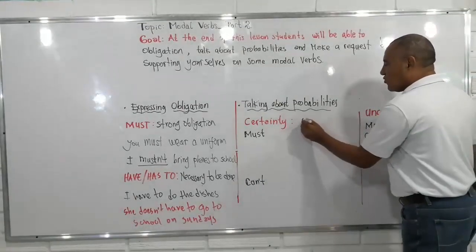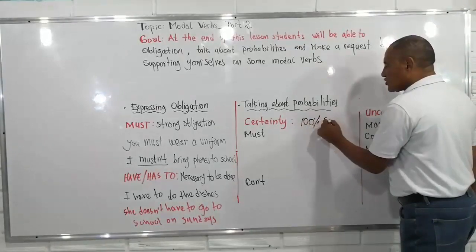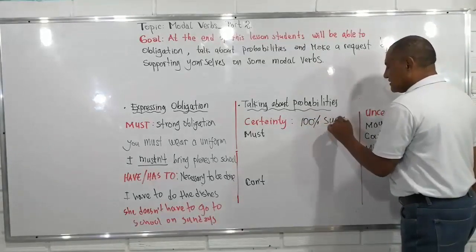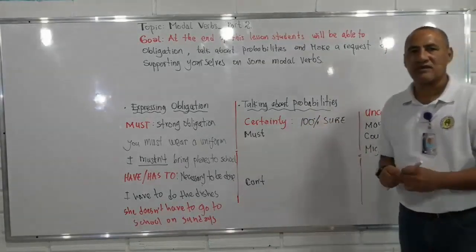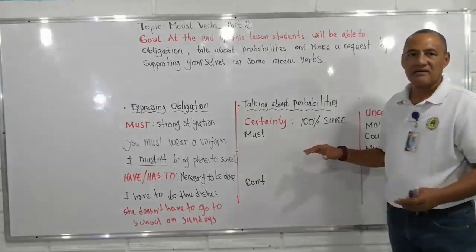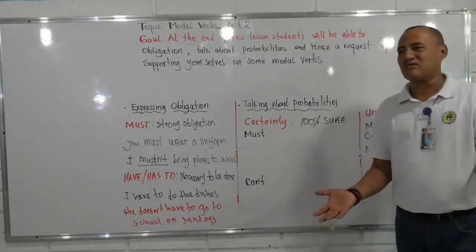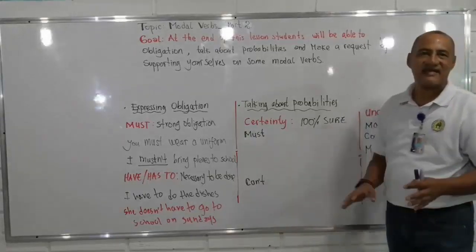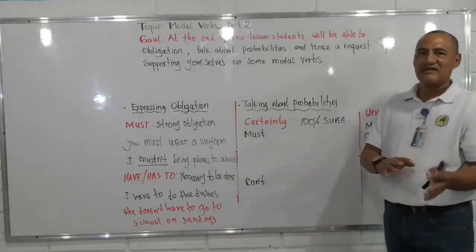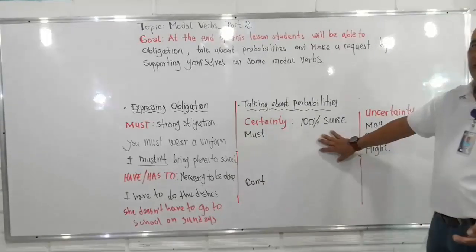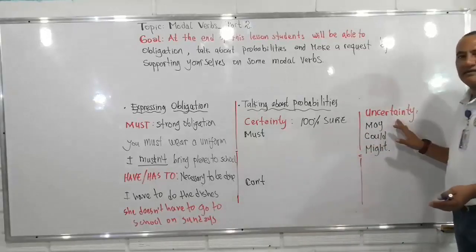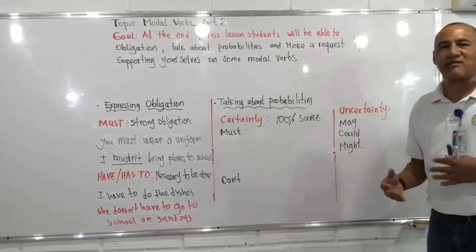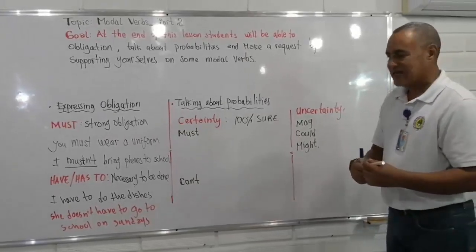So we are 100% sure that something is going to happen. Estamos seguros, totalmente seguros que algo va a suceder. Then, because of the context, we can say that it's a logical deduction, una deducción lógica. Alright. And uncertainty is when we are not sure, cuando no tenemos la seguridad, la certeza.